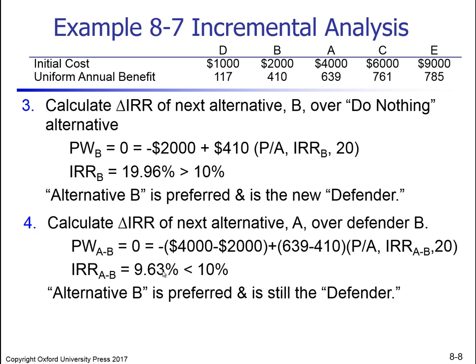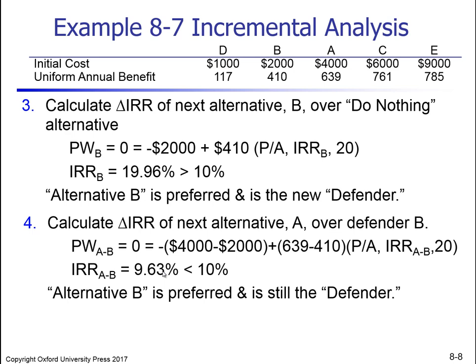Do nothing right now is the defender, and B becomes the next challenger up. In this case, our present worth of B is going to be negative $2,000 plus 410 times P given A at the prevailing interest rate for 20 periods.